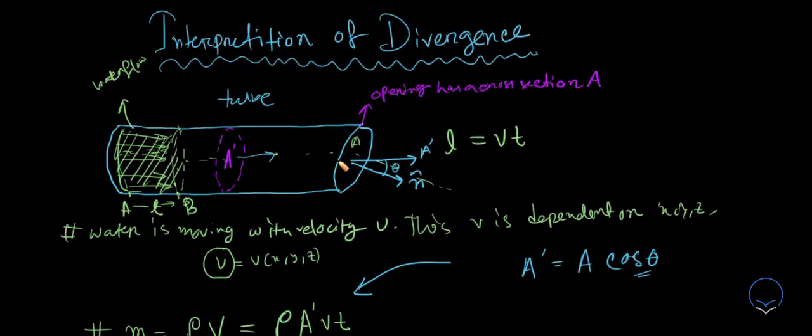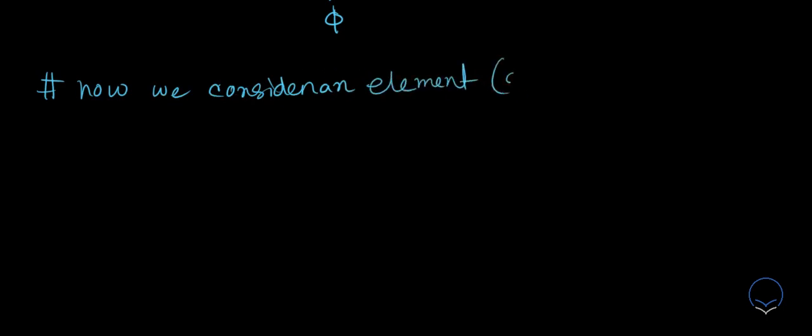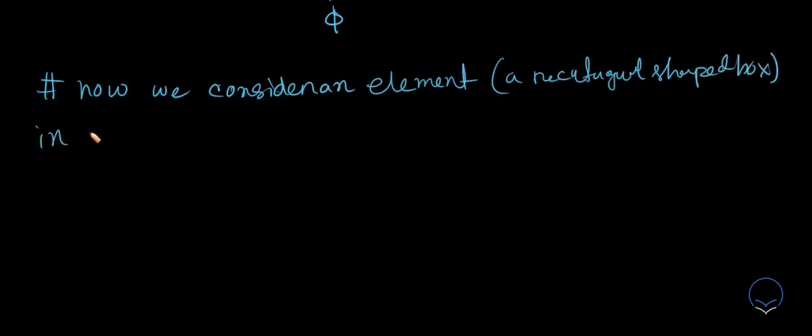Since we are considering a fluid flow through a tube and it's a three-dimensional thing, we can also extend our argument and we can consider an element. So let me write it down. Now we consider an element that is a rectangular shaped box in 3D space.